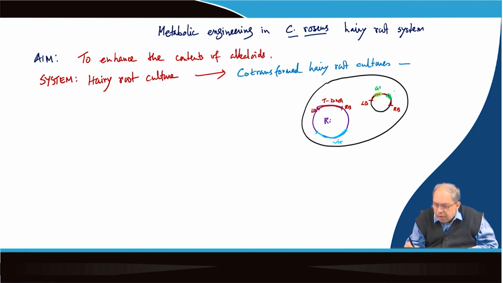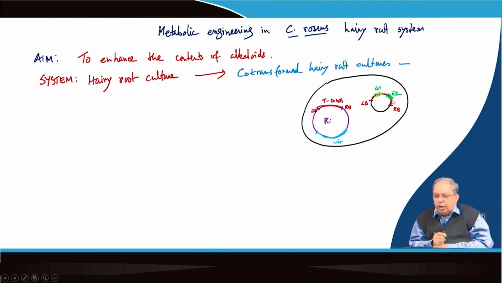So, this is gene 1, this is gene 2. Of course, this will be under the control of promoter and terminator, which I am not showing here.